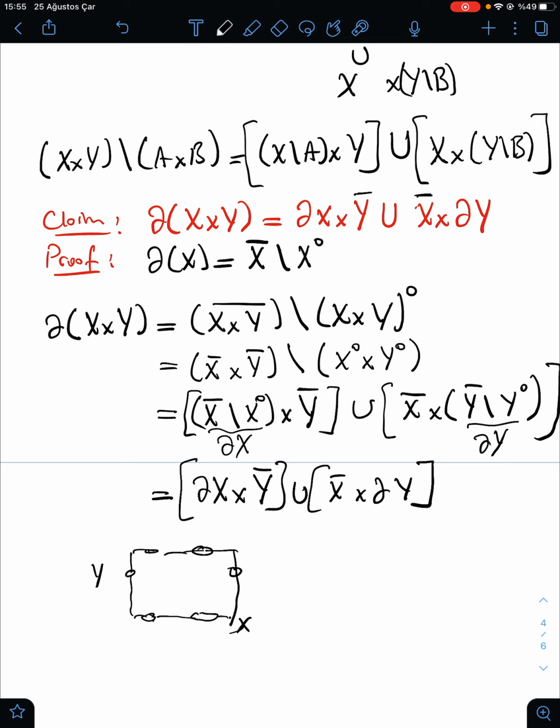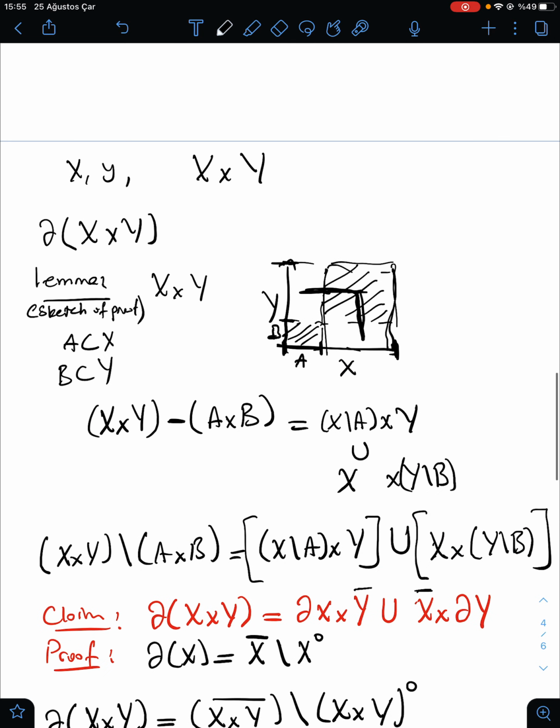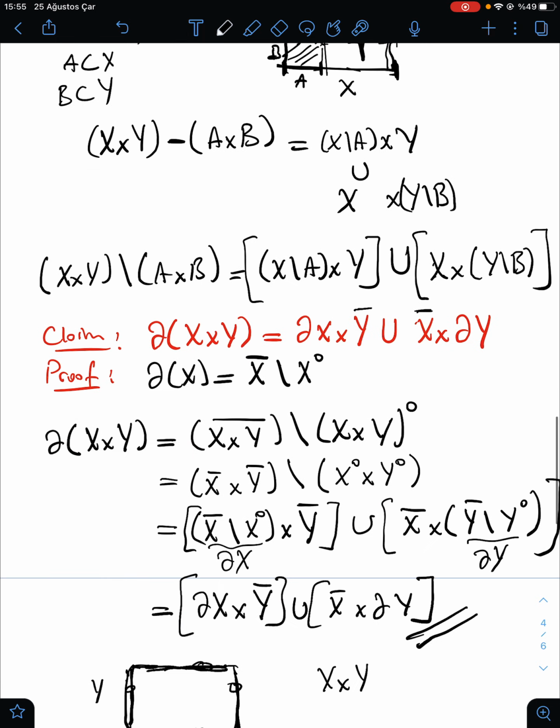This cannot be X Cartesian product Y's boundary, because you should include all these points at the boundary. That's why you take the closure. You close these gaps with the closure, and then you take the boundary, and then it makes sense. So this is the final formula with the proof. We needed this lemma, and I'm sorry about the lack of concreteness of the proof, but our main idea is that.